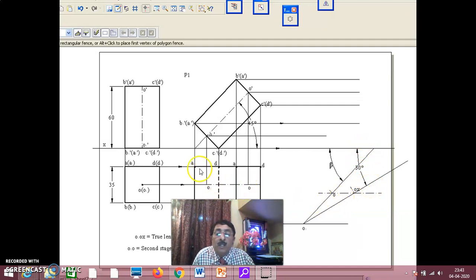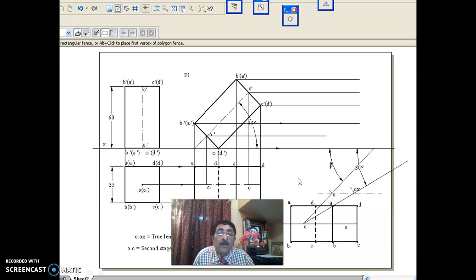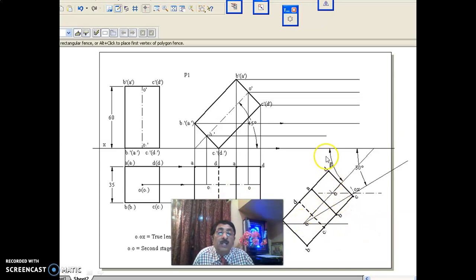Now what you do is, you move and copy and paste it here and rotate in such a way that O1 O is inclined at beta to XY line or VP. See here, I have copied it to this, moved and copied, then I'll rotate it such that O1 O is inclined at beta to XY line or VP.